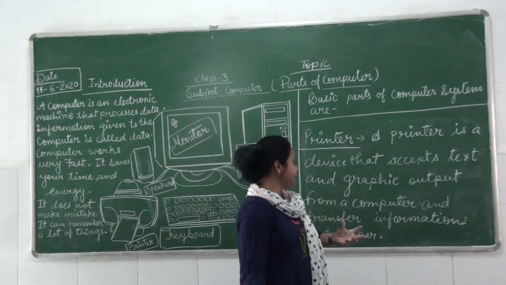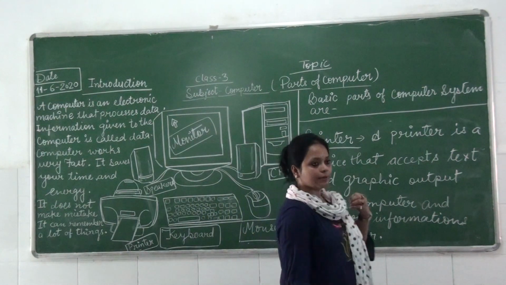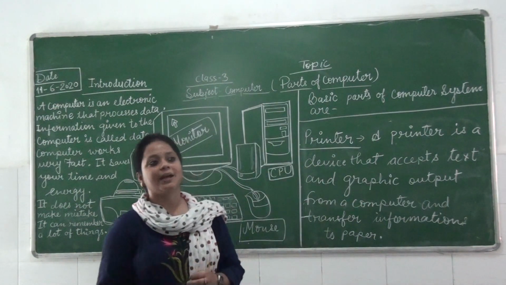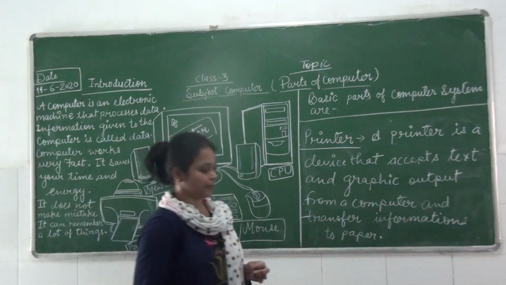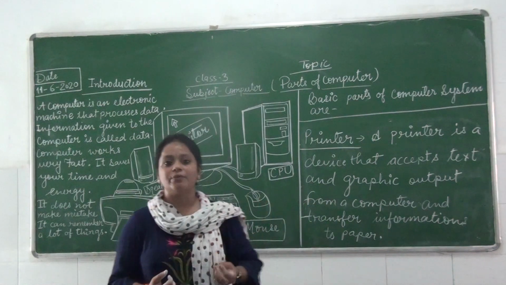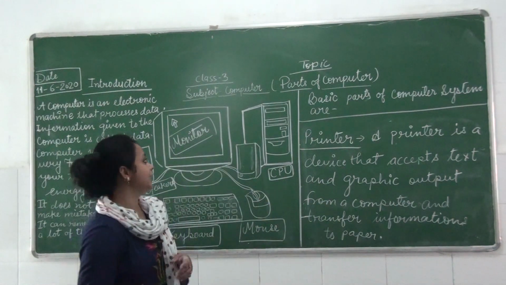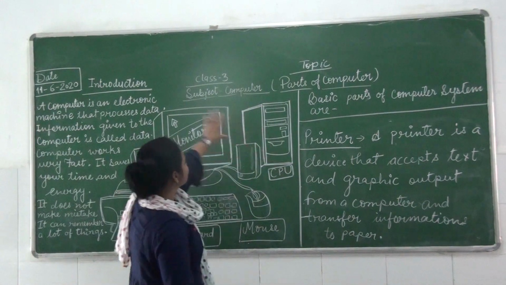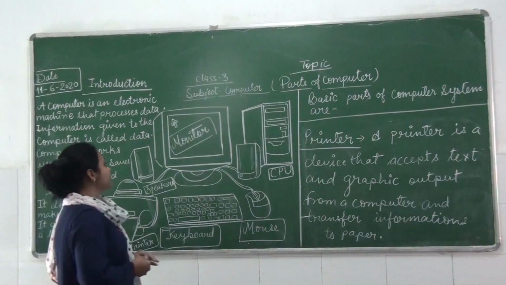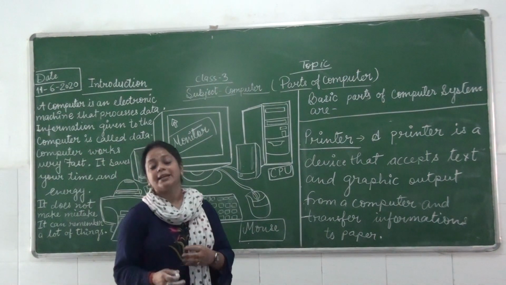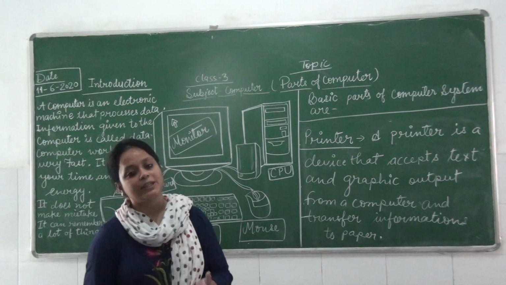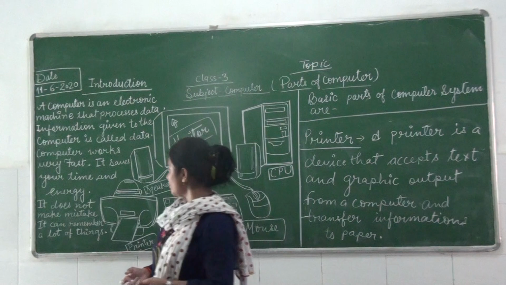So printer gives the result output on paper. We can use these things in an easy way in our daily life. So children, these are some basic parts of the computer. Nowadays they are very important in our daily lives, and we are connected with these parts everywhere.